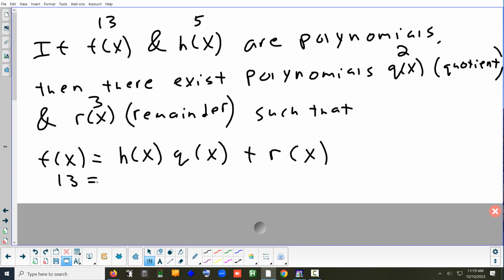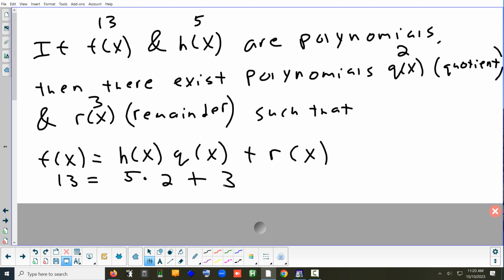13, if you did that correctly, should equal what you divided by times the quotient plus what you got for a remainder, 3. Does that work? Yeah. So it's just a way you can check your answer.